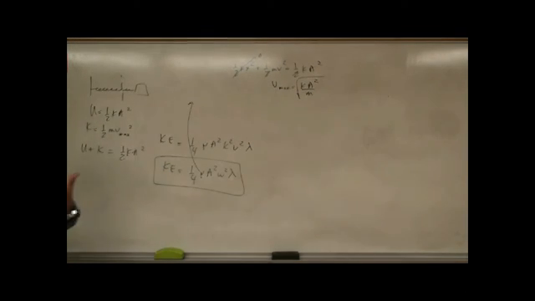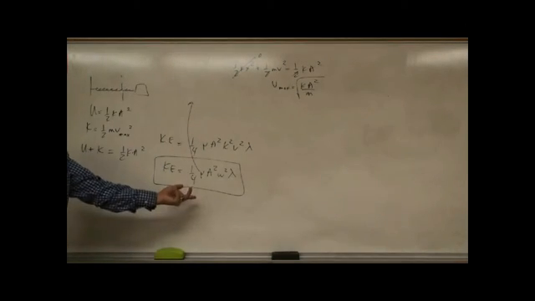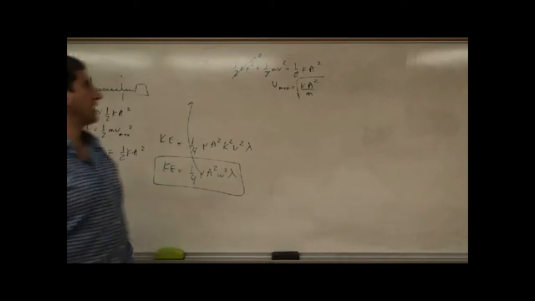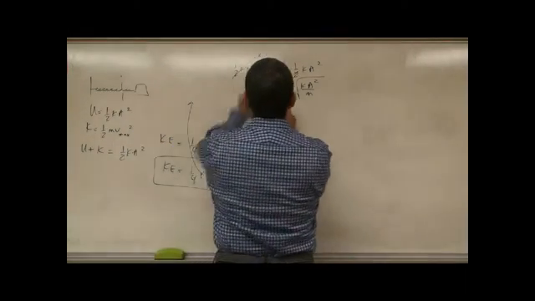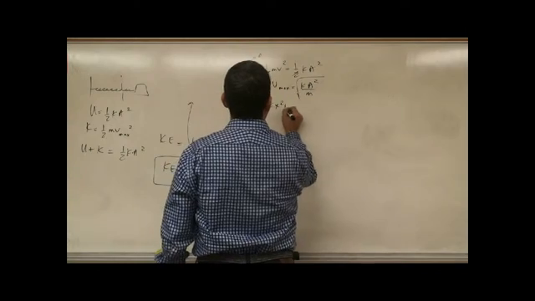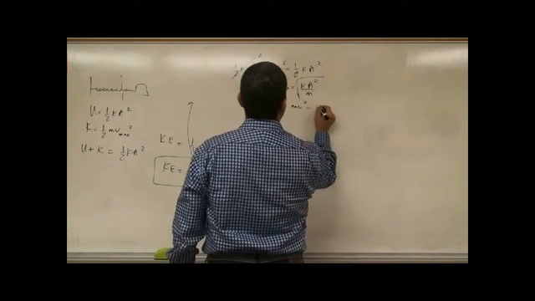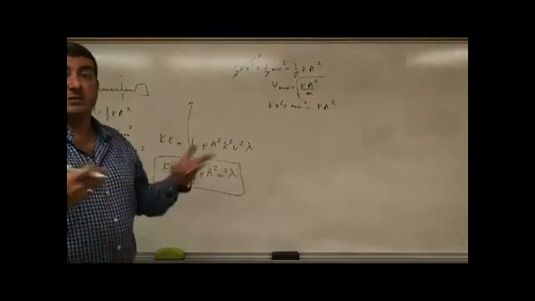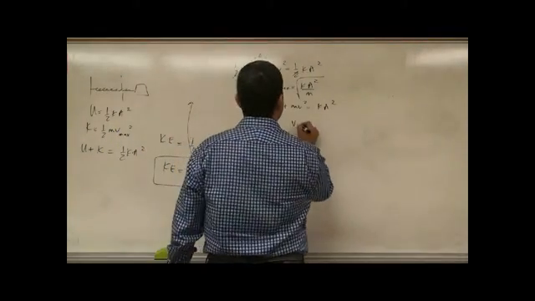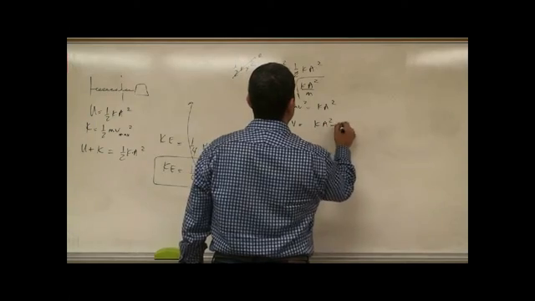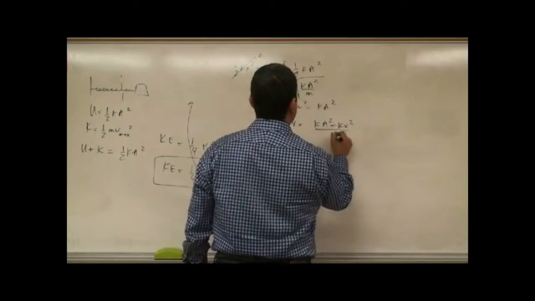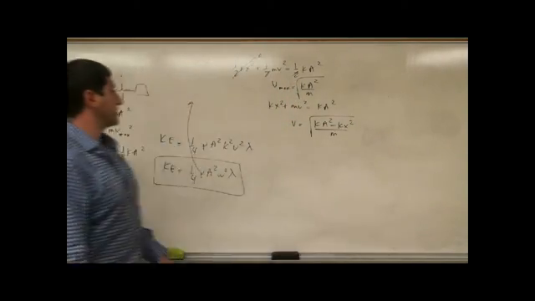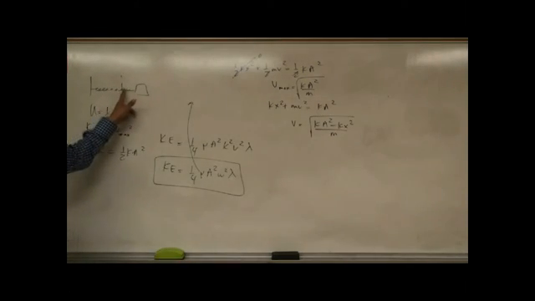So a lot of things that the spring has are similar to the way that waves behave, okay? And then if I want the general equation, I'm going to say Kx squared plus mv squared is equal to Ka squared. That gives me the velocity at any point on the path. So V is equal to the square root of Ka squared minus Kx squared over m. This gives you the velocity at any point along the path.